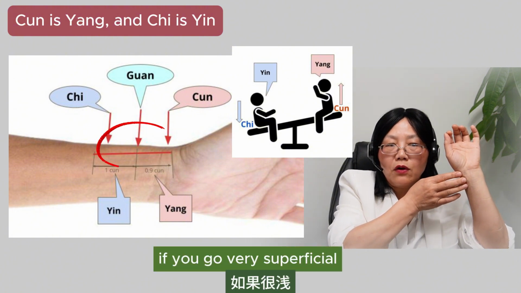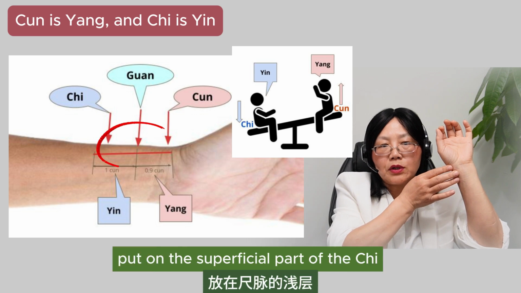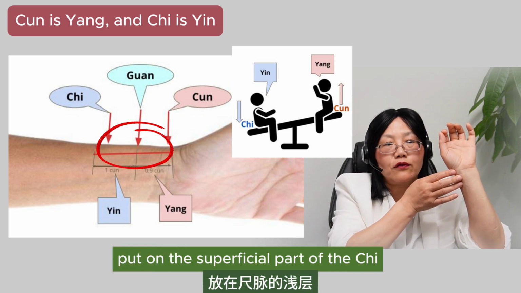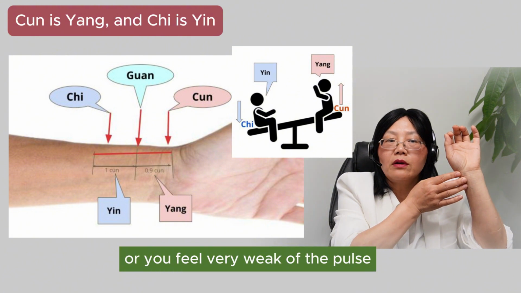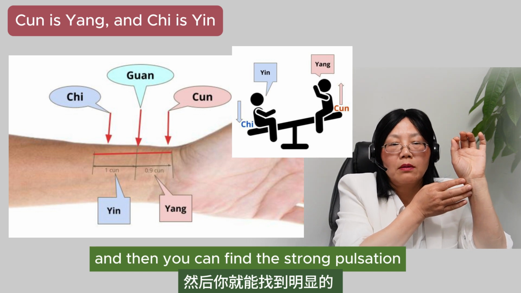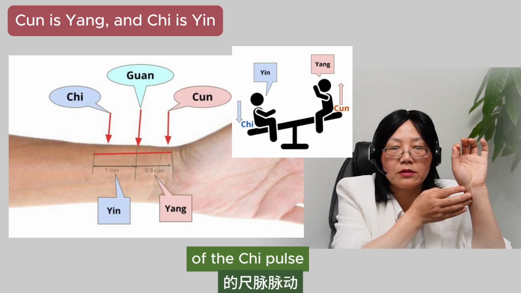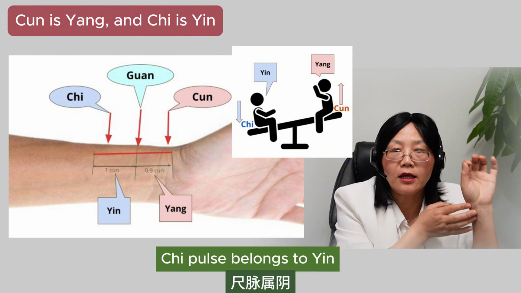If you go very superficial, the hands lightly put on the superficial part of the Chi, you might not feel the pulse, or you feel very weak of the pulse. You have to go deep, and then you can find the strong pulsation of the Chi pulse. That is normal, because that is the Yin.